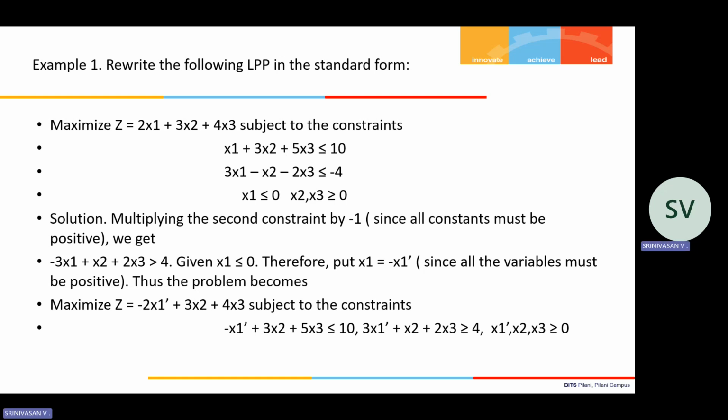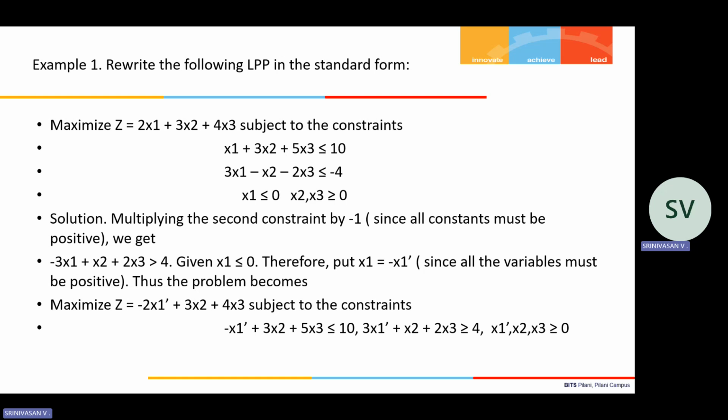Only in the constraints should you not have them: the constraint should not be of the negative kind, and each of the original variables must be greater than or equal to 0. Don't get perplexed. You write minus 2x1 dash, plus 3x2 as it is, because x2 is greater than or equal to 0, plus 4x3.